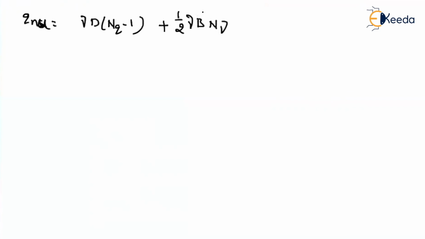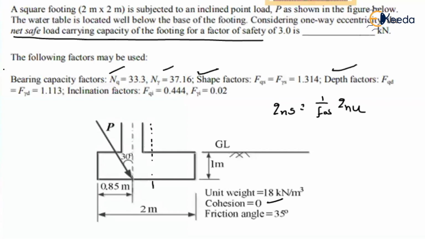So here directly let us find out qnu. As the c value will be equal to 0, the equation for the net ultimate capacity is gamma D (Nq minus 1) plus 1 by 2 gamma B N gamma. These are without considering any corrections. So here you have to consider inclination corrections, shape corrections, and also which type of correction? The question gives depth correction, inclination, and the shape.